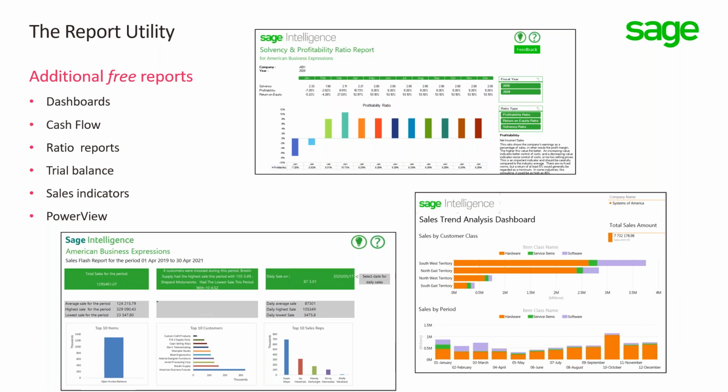You can also have the tabular look, but this just enables a quick at-a-glance picture, which is worth 1,000 words, right? So these are just some options for your additional free reports. You can see that solvency and profitability report up there might be useful. So again, reports that really allow you to dig more into your business and gain a better understanding, as the title says, of what's going on in your business so you can make decisions off of that. All right.